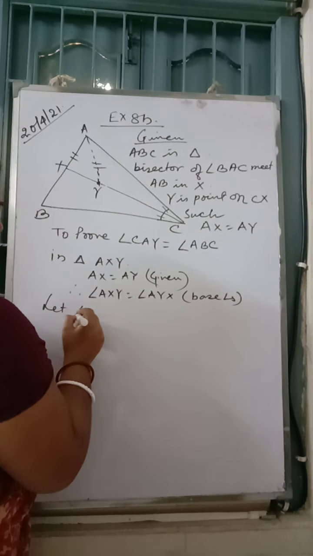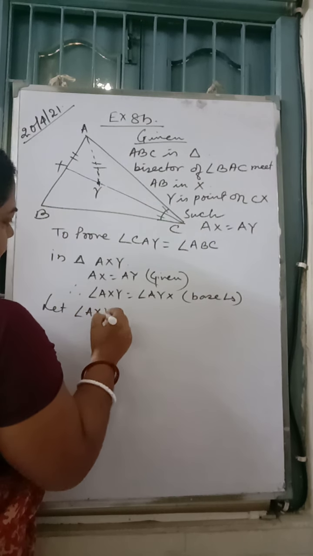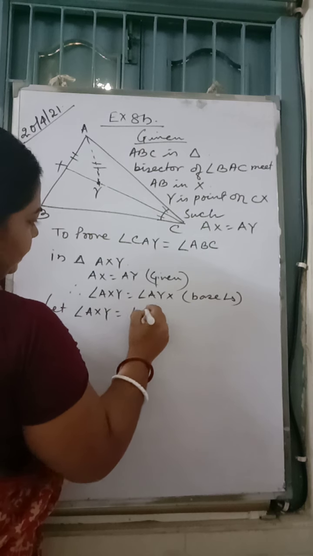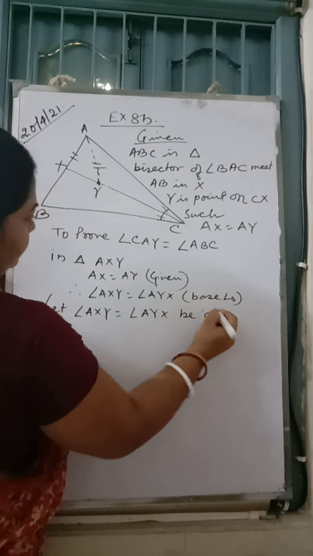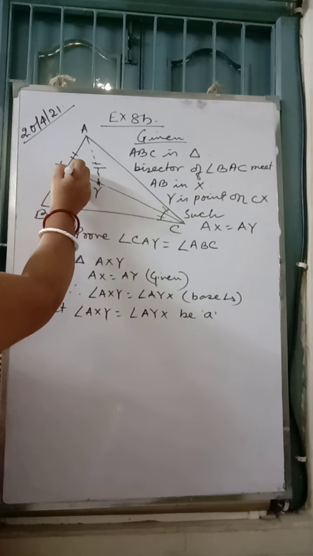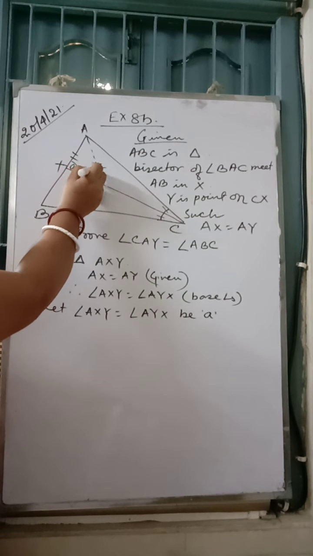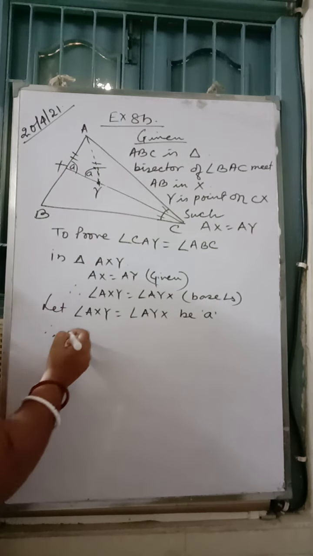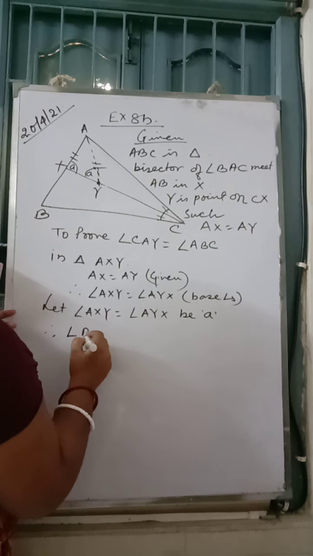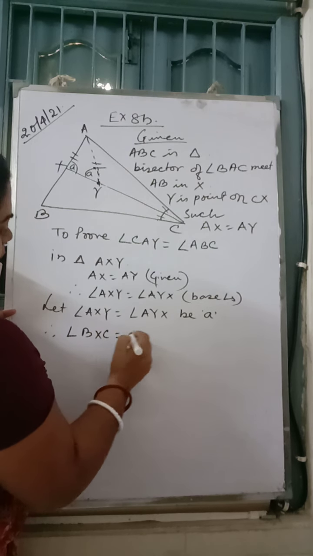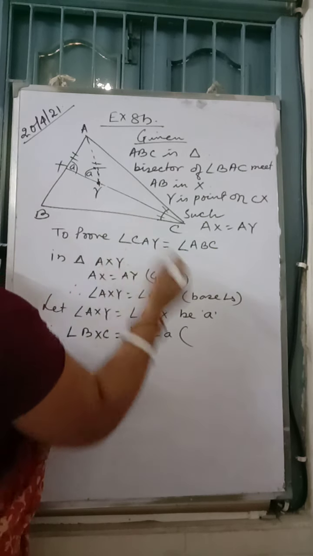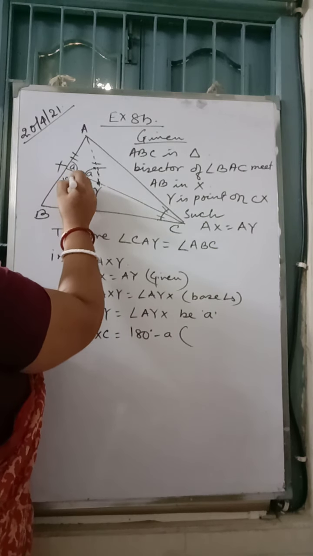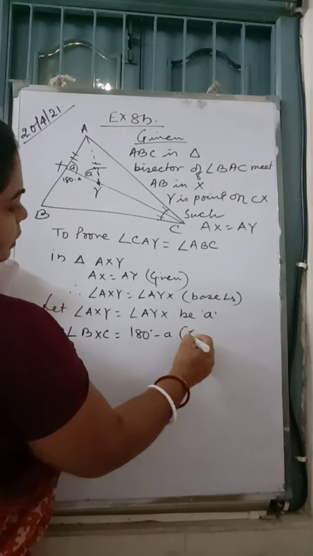Let angle AXY equal angle AYX be A. So angle BXC is equal to 180 minus A, they are forming a linear pair.